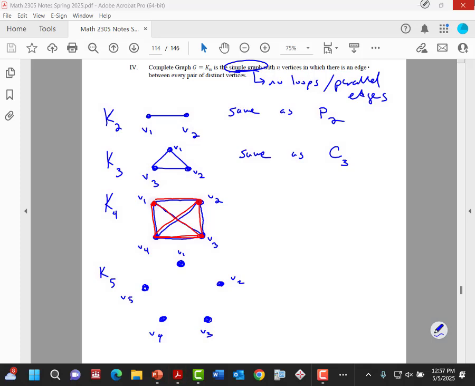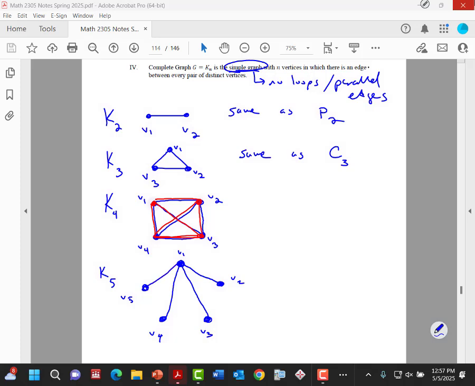And I need to draw this in such a way that I can get from any vertex to any other vertex along a singular edge. So I can get from V1 to V2 to V3 to V4 to V5.